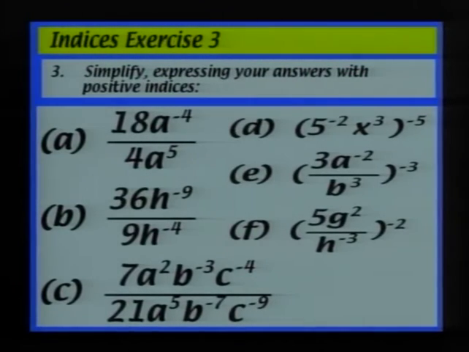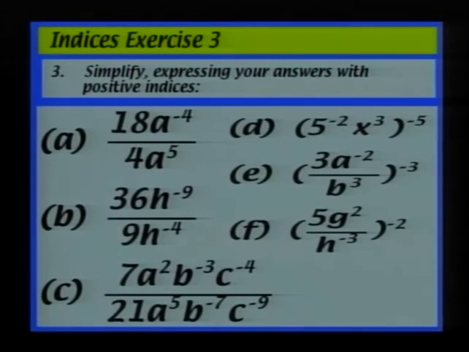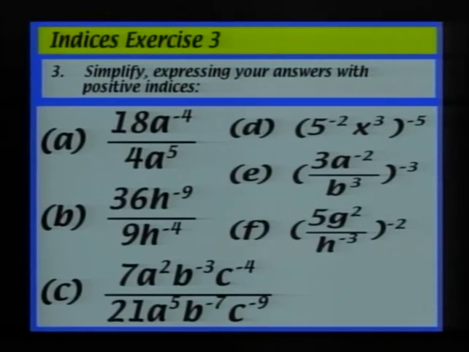Okay, quickly. This is question or letter E. Because it's raised to the power of a negative number, which is negative 3, I'm going to invert this and then raise it to a positive power, just to do it quickly.